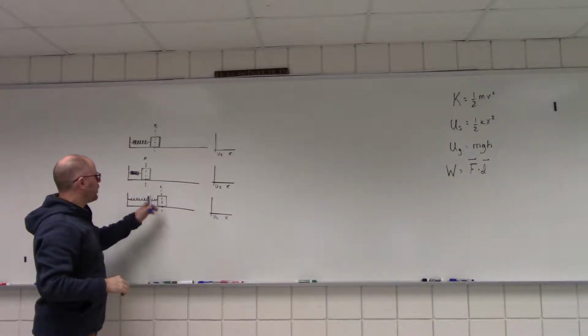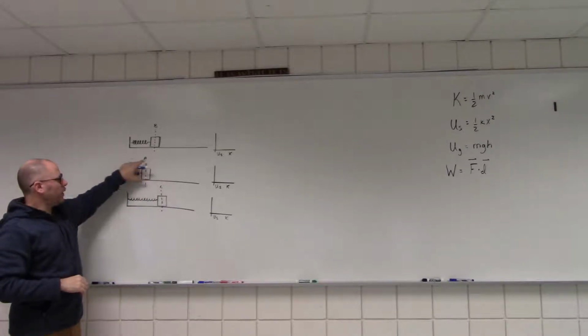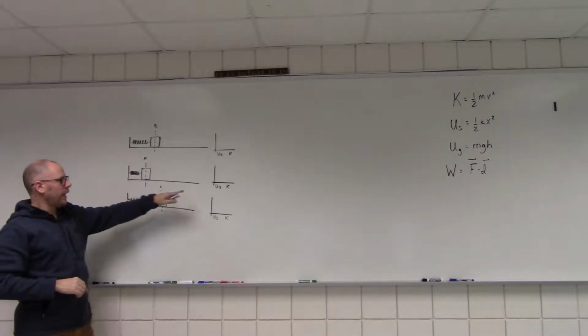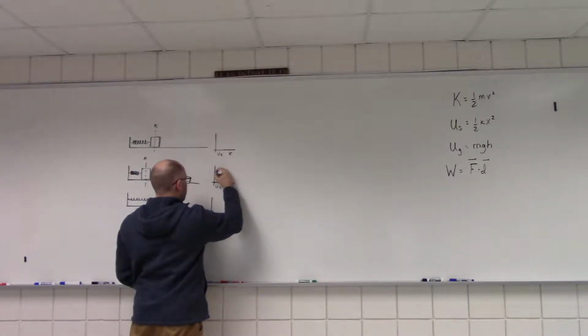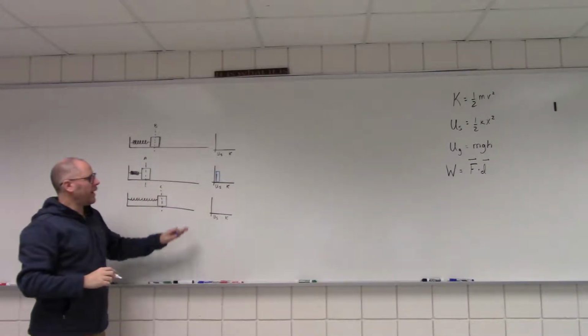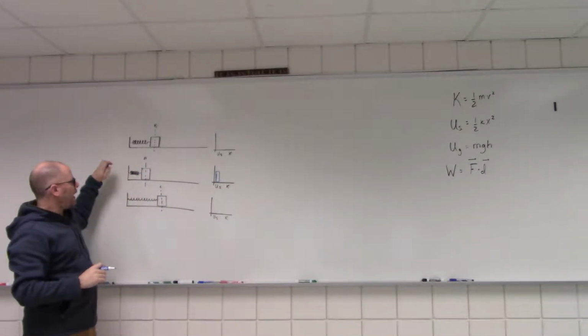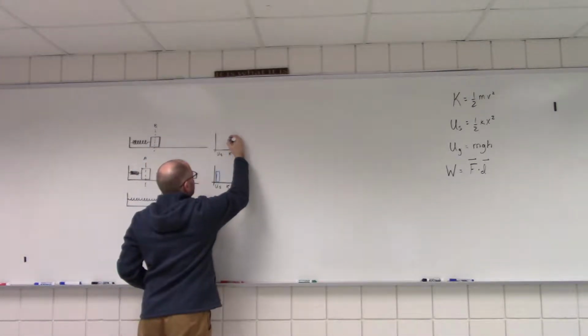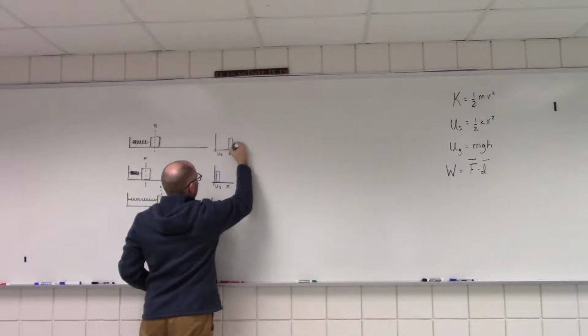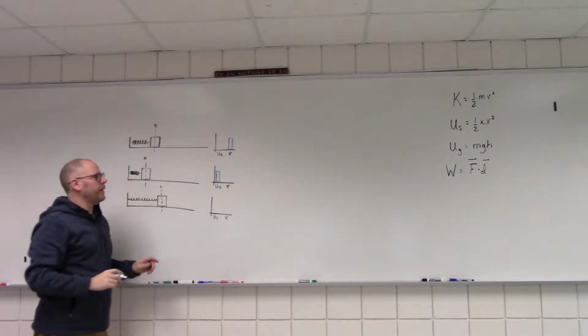So I think about the energy situation. If I pull it back to A and I let it go, it's not moving at all, so all my energy would be elastic. As it slides through B, it's moving fast, so all my energy would be kinetic.